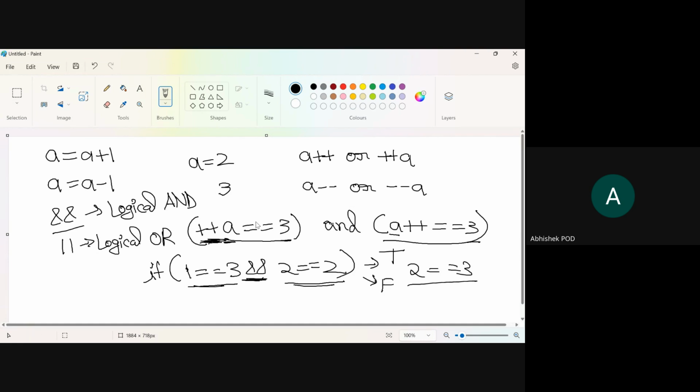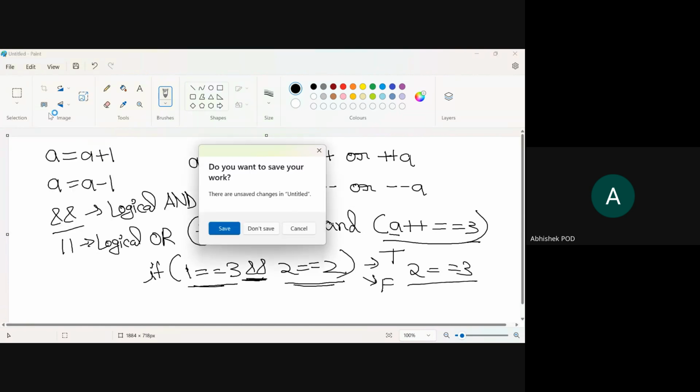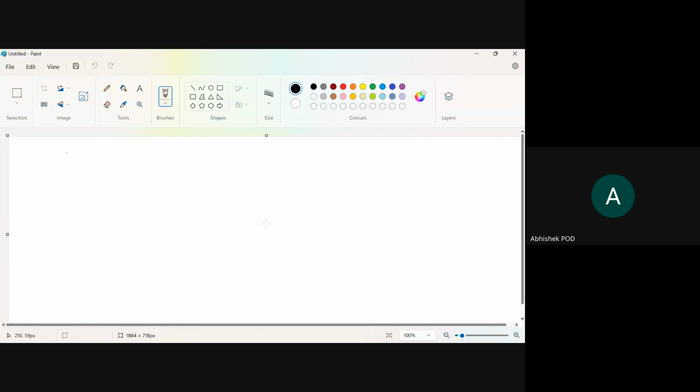Let me clear this up. So expression 1 and expression 2. For that, we generally make a truth table. Let me make that truth table for you. There are two inputs, x, y, and result.